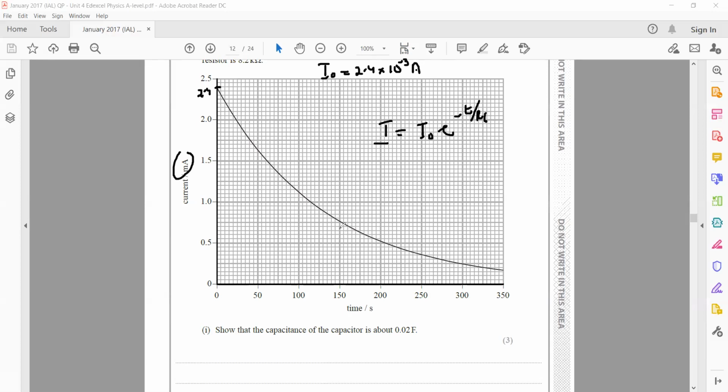So it's up to you, any current you can take. I will take a simple value so that it will make the calculation easy. So I took time 50. When I took time 50, the current was between 1 and 0.5, so it is 0.75 milliampere. So this I is equals to 0.75 milliamperes.